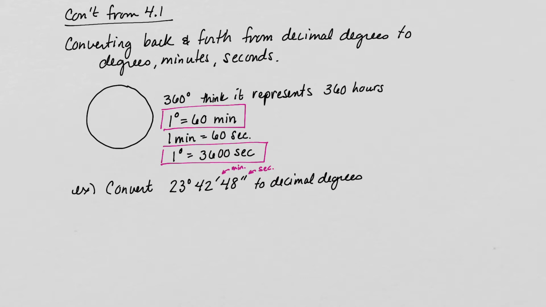So I want to take the 42 minutes and change it into degrees, and I want to take the 48 seconds and change it into degrees. When we say 23 degrees, 42 minutes, 48 seconds, what we're really saying is 23 degrees plus another 42 minutes plus another 48 seconds. So I can just break it apart that way.